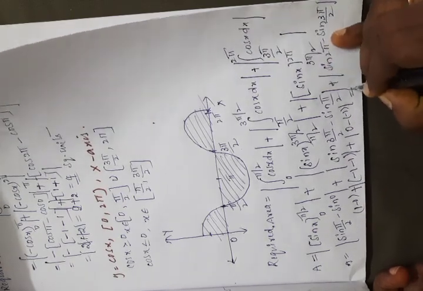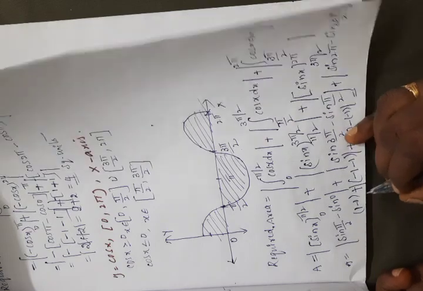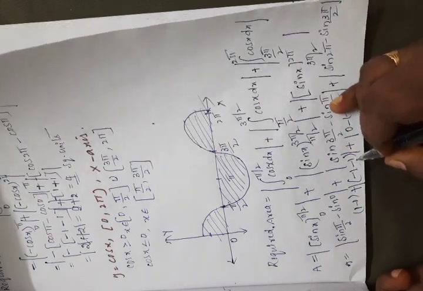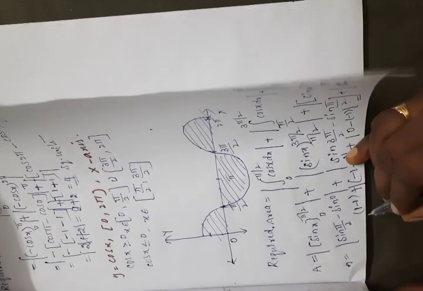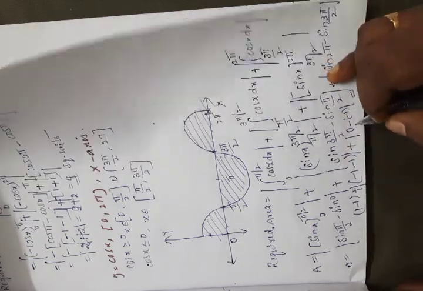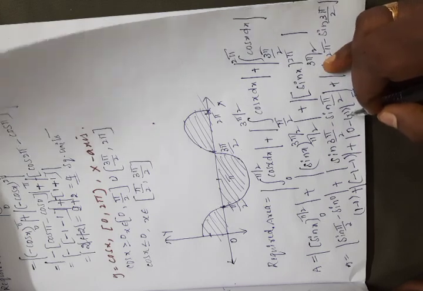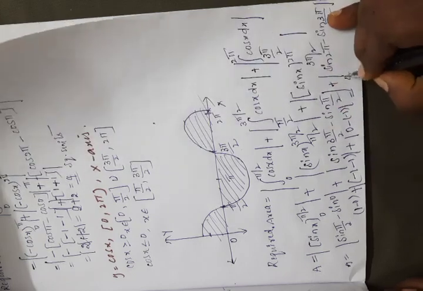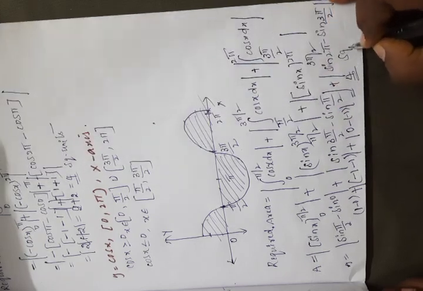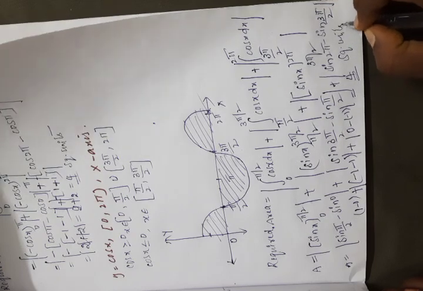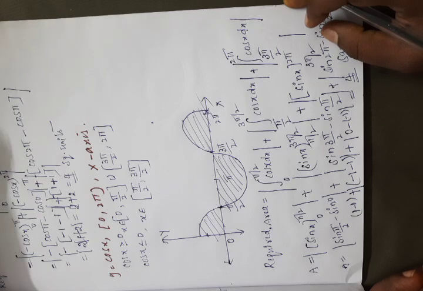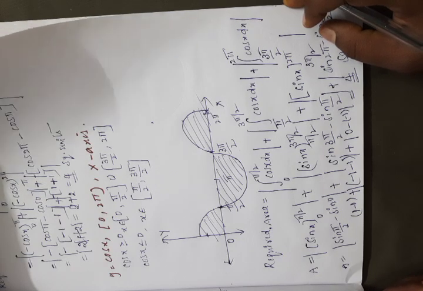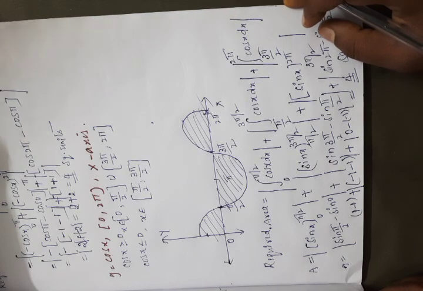So here 1 minus 0 is 1, minus 1 minus 1 will become minus 2, but there is mod, so plus 2. So 1 plus 2 is 3, and again 0 minus of minus 1 is plus 1, so 3 plus 1 is 4 square units. So for this question our answer for the area is 4 square units. Like this you have to solve the questions on areas.